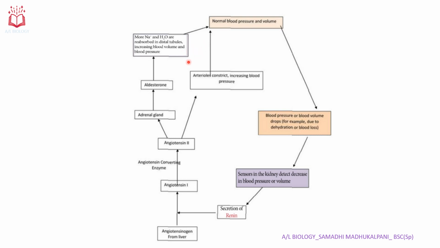This increases the blood volume and blood pressure. And angiotensin 2 can also act on arterioles, helping to constrict arterioles and increase the blood pressure. Then the blood pressure becomes normal.